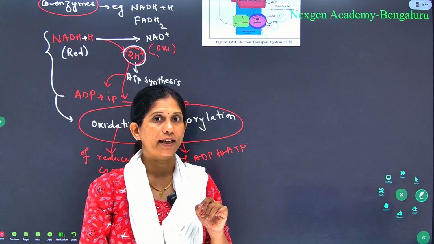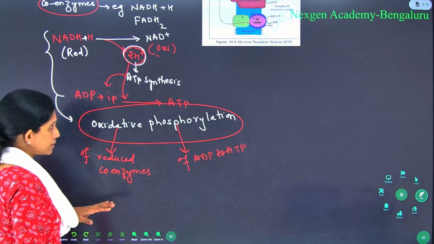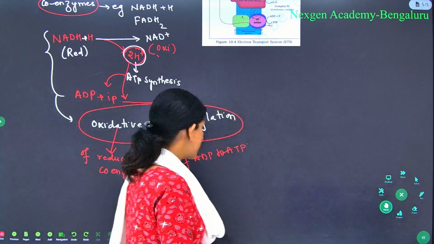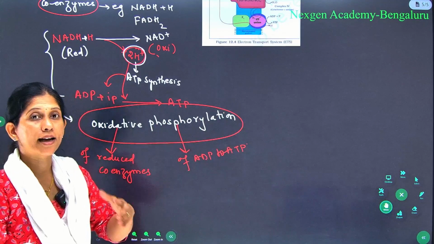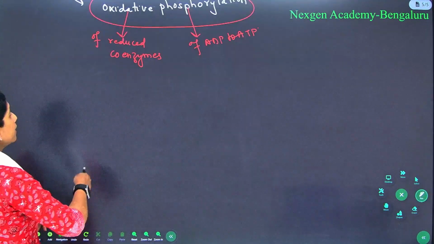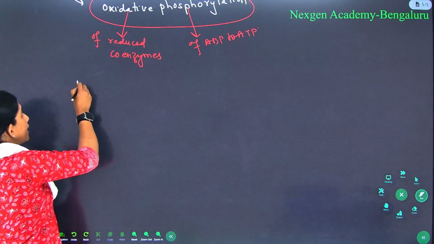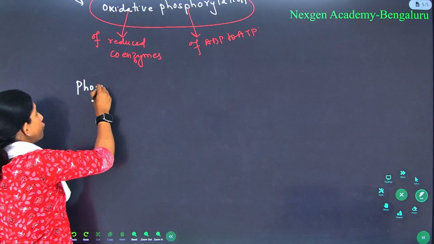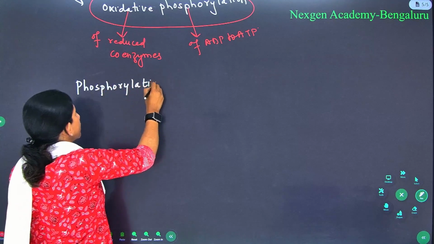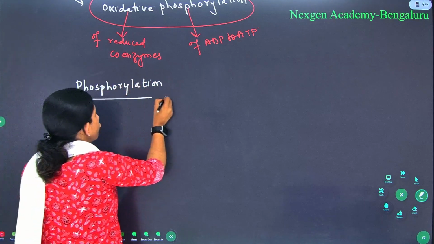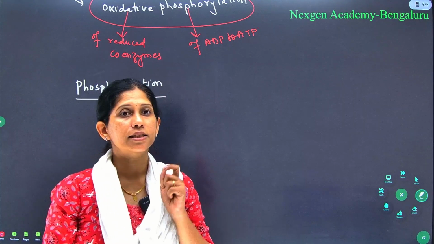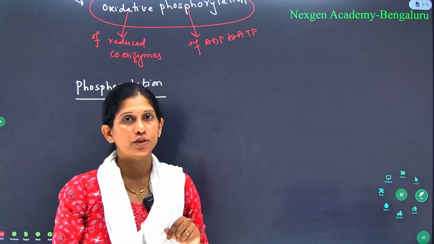So the process by which the electron transport system helps in the release of energy is known as oxidative phosphorylation, right? Let us see a bit more about the phosphorylation process, so it will be easy for us to understand the phenomenon in a clearer form. When I say the word phosphorylation, it simply means addition of a phosphate group, right?